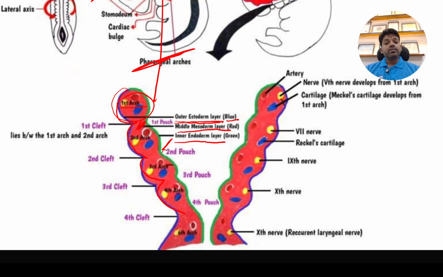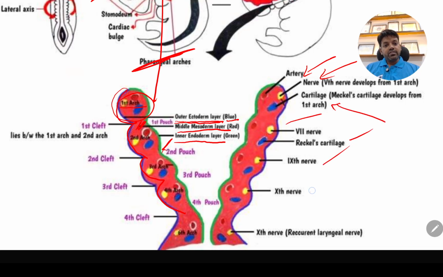Why is this important? Because these layers form different organs. By the age of 9 months, these layers will develop into different organs. Now we will go into a little detail, which is not required right now, but you will see the openings of the artery, blood supply, nerve supply, and the cartilage. There are different nerves which are shown.